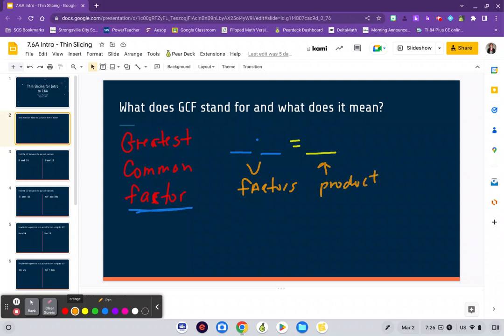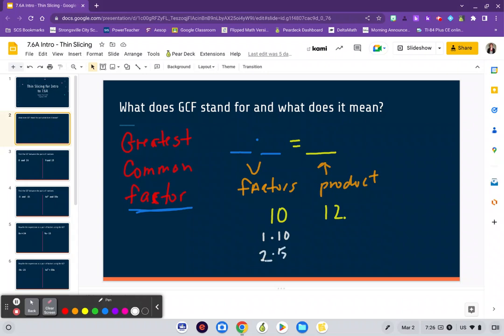And so what I'm looking for in a GCF is I'm looking for the greatest factor, the greatest number that two terms have in common. So for example, if I had 10 and 12, I would want to find all the factors of 10. 1 times 10, 2 times 5.